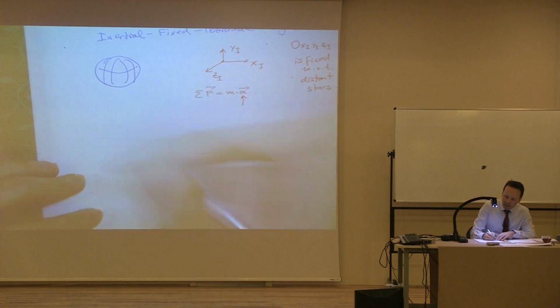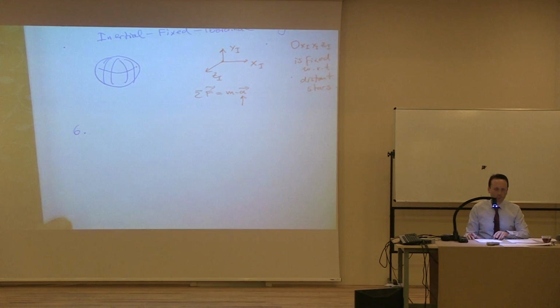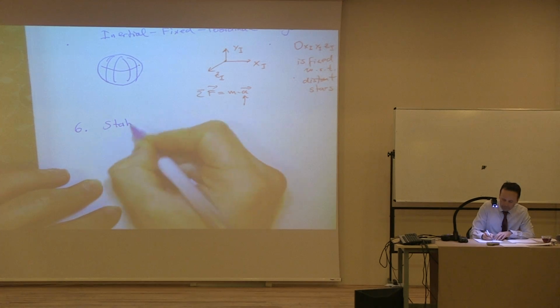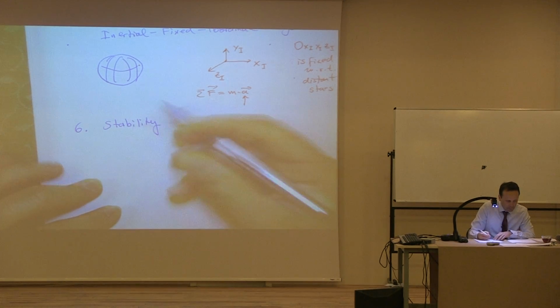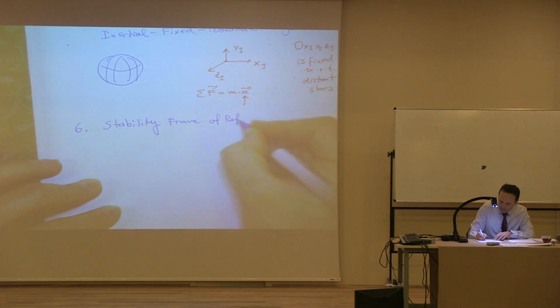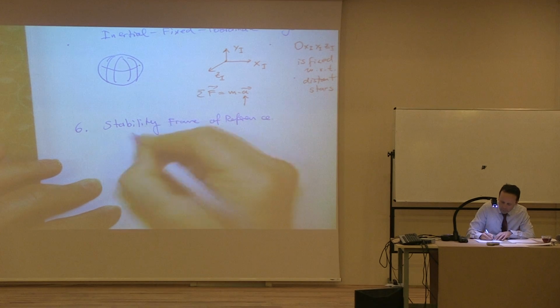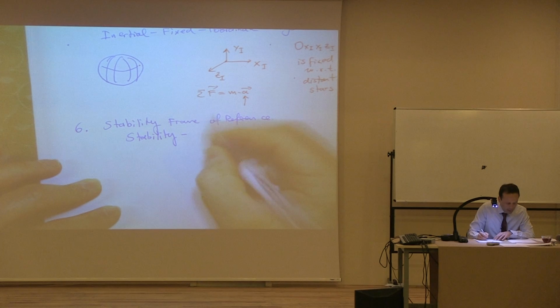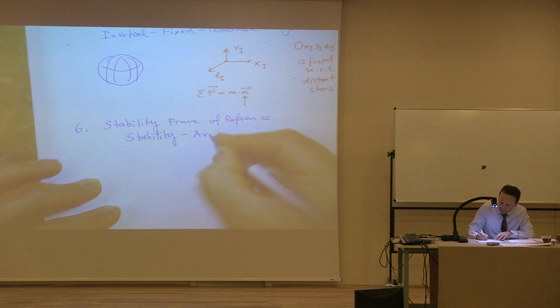Okay, number 6, I will not make the definition now, we will do it later. It's called the stability frame of reference, or sometimes a coordinate system, an important one, the stability axis system.